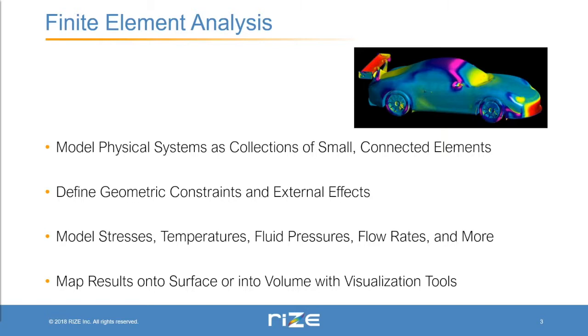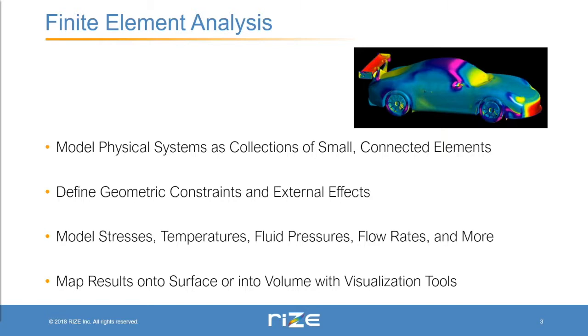So typically this will involve taking a CAD model and through the software breaking it up into small connected pieces, and then depending on the type of simulation you wish to run on it, those pieces will be constrained and influenced by a variety of effects, and then they will simulate those effects over time and produce some map of data throughout the points or across the surface that will tell you the types of things that will be affecting each point on the object.